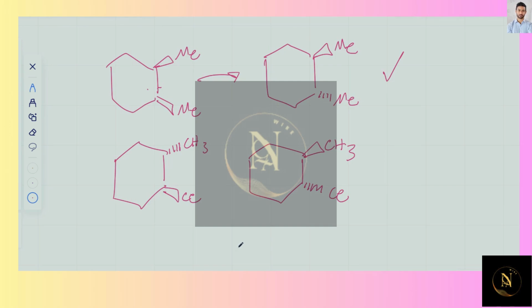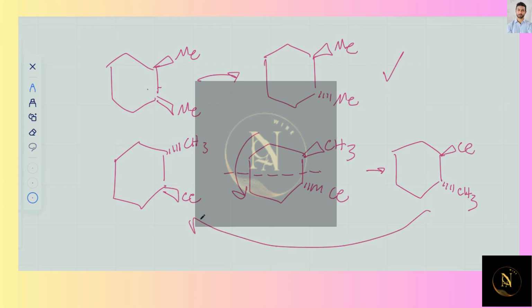identical? If they were identical, there would be some manner that I could rotate this molecule, perhaps about that axis. And what would happen if I did that? Okay, the methyl would move to the bottom, but it would be pointing away. And the chlorine would move to the top, but it would be pointing towards us.